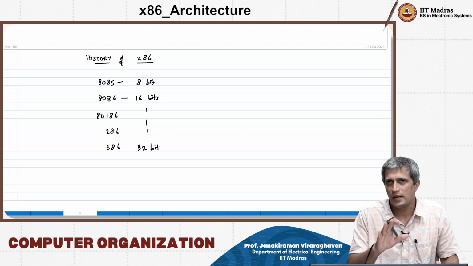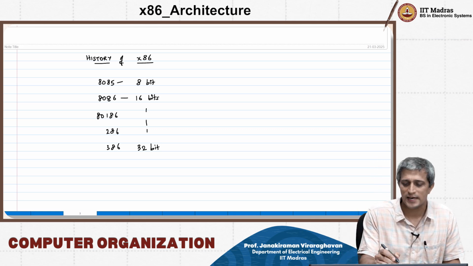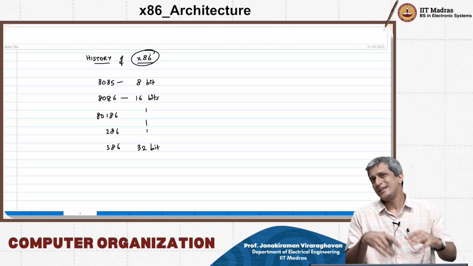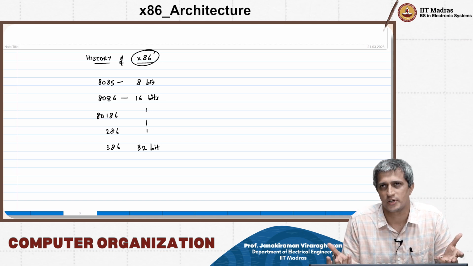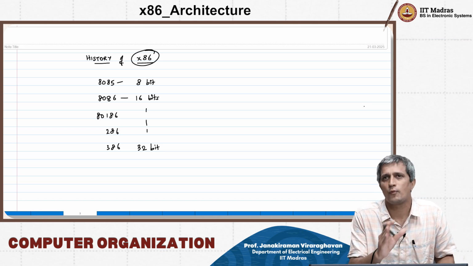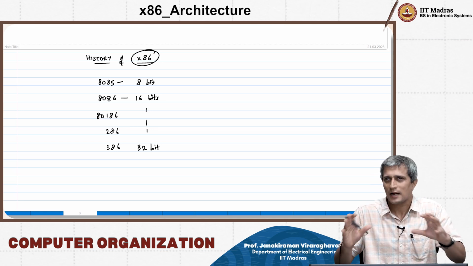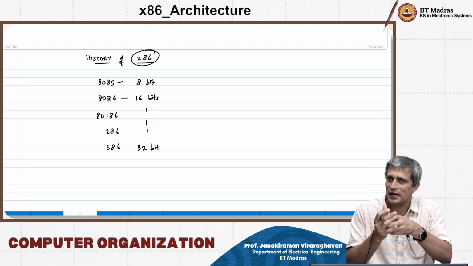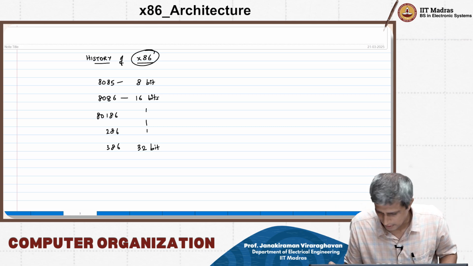Okay, so I'll explain to you what 16-bit and so on is. So x86 is basically a class of microprocessors which has a very similar instruction set. Okay, so it's not just one microprocessor or one particular processor from Intel. It's a class of processors that follows a certain complex instruction set architecture, right?